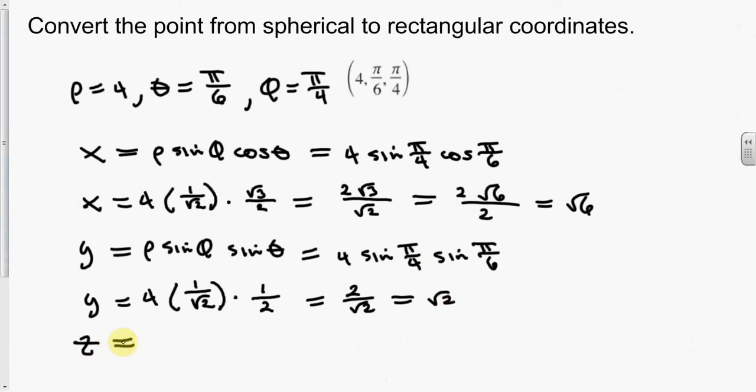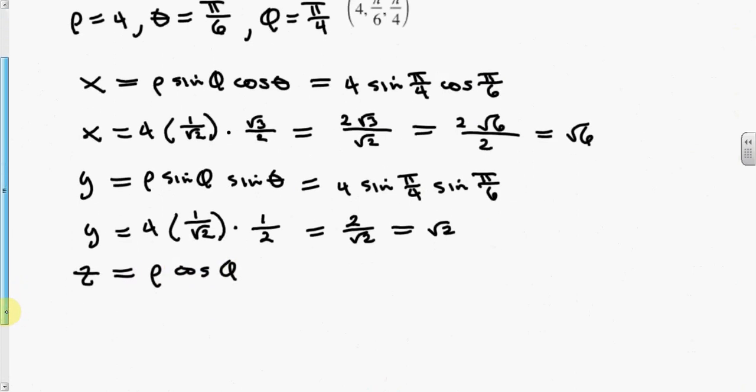What about z? How do we get z? Z is equal to what? Yep, rho times cosine phi. So rho is 4, and then we have cosine of pi over 4.